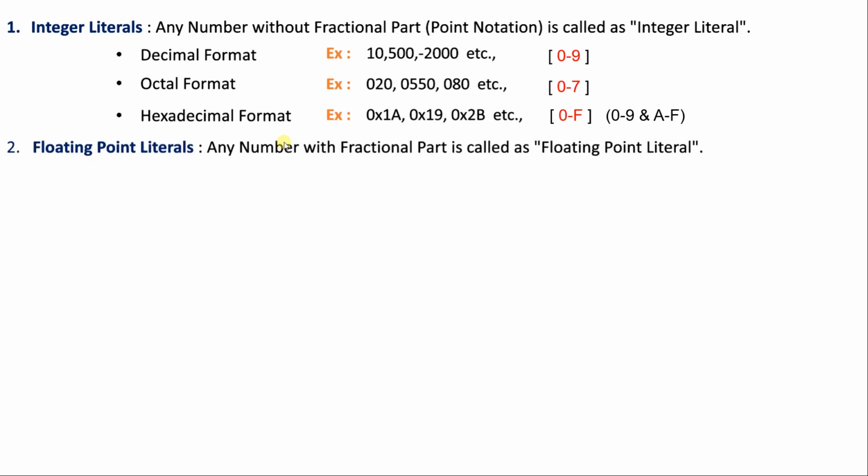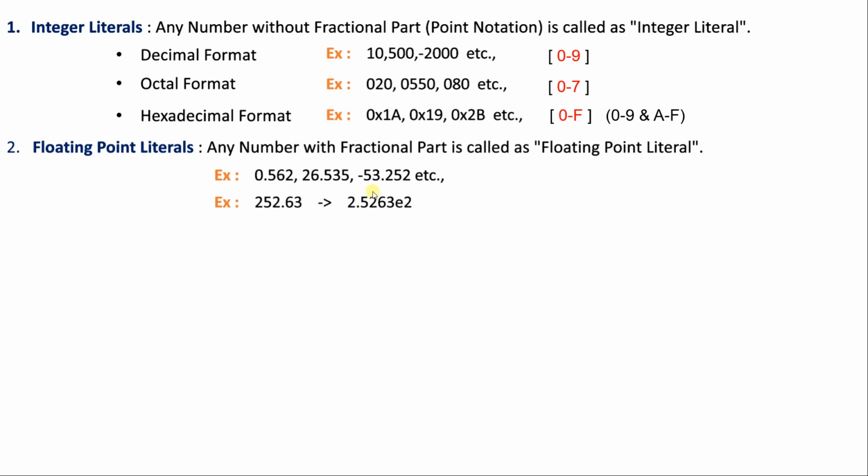And after that, floating point literals. The numbers that contain the point value come under the floating point literals. Examples are this 0.562 which has a point value, 26.535, minus 53.252 etc. In Java, these floating point literals can also be represented in exponential form.